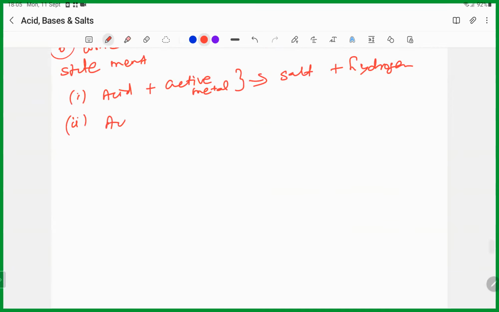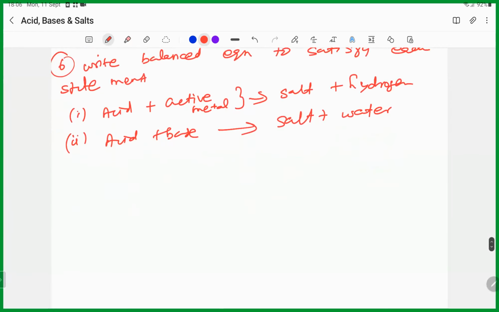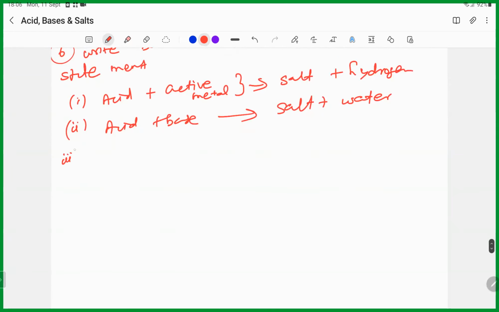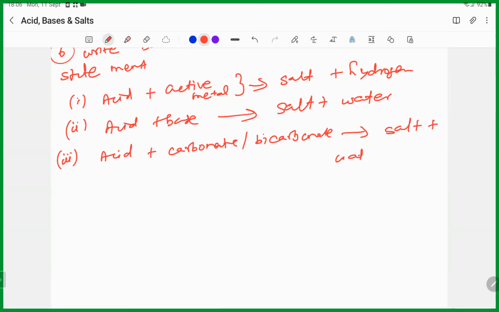Number two, acid plus base gives salt plus water. Number three, acid plus carbonate or bicarbonate gives salt plus water plus carbon dioxide.